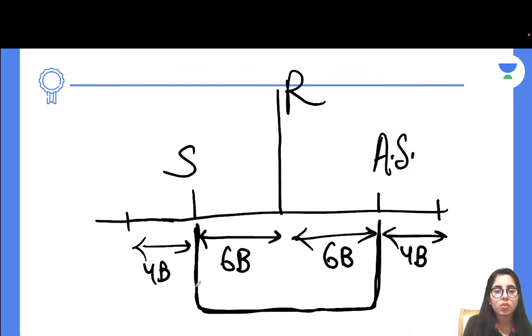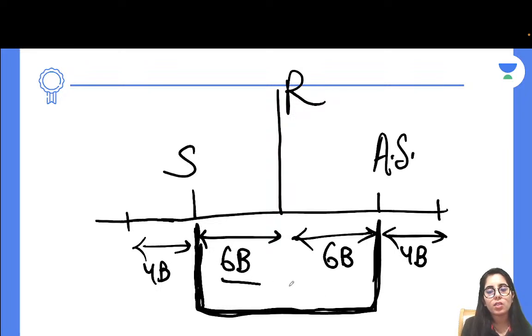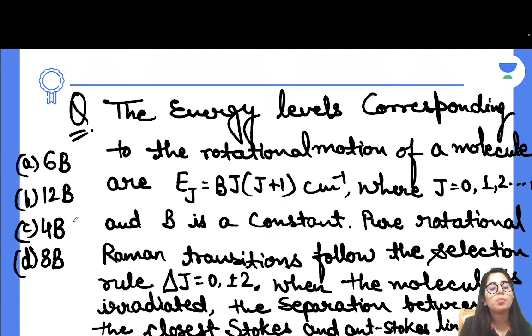That is going to be 12B. So that is your final answer, because that is the separation between the closest Stokes and anti-Stokes lines. So option B is the correct one for you.